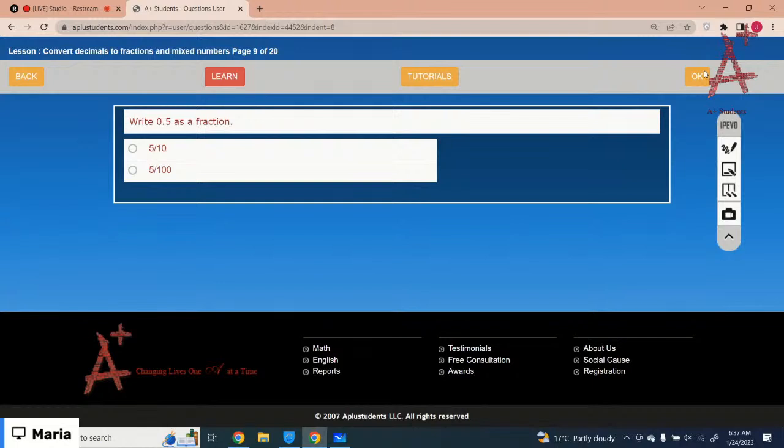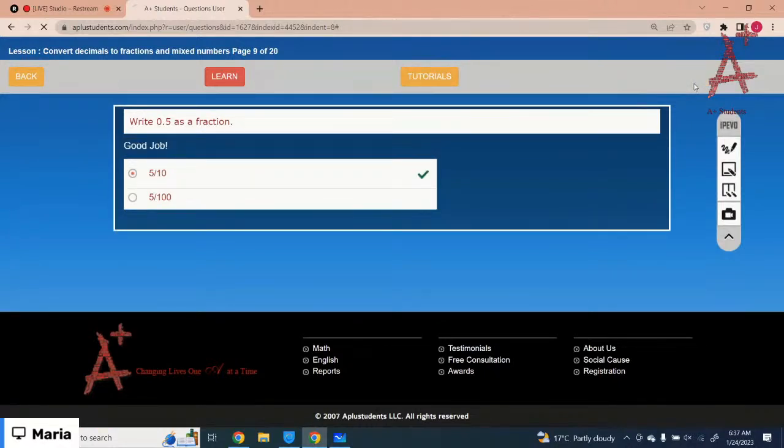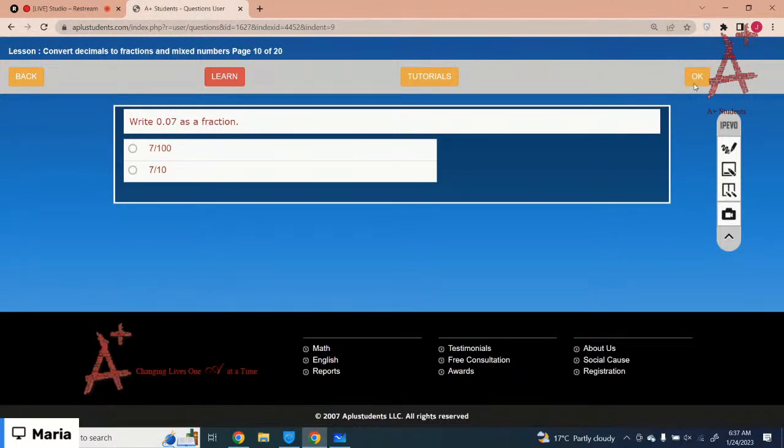Yes, very good. That would be 5 divided by 10. Then, okay, write 0.007 as a fraction. So which is the correct option? Yes, it would be 7 over 1000.